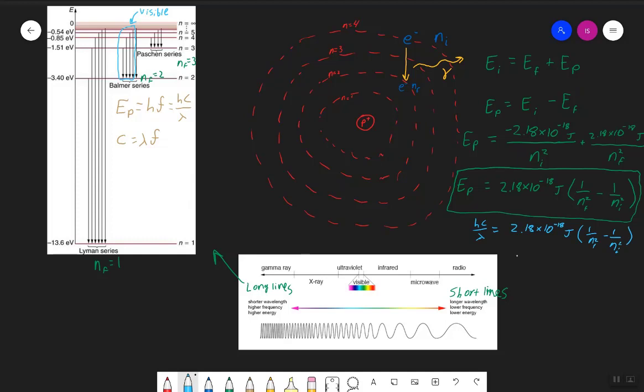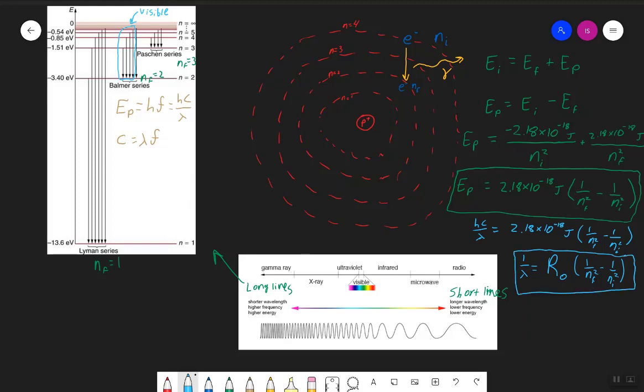And then we can find 1 over lambda equals 2.18 times 10 to the negative 18th joules over hc. But I'm going to call that another constant, called r0. So 1 over lambda is r0 times 1 over n final squared minus 1 over n initial squared. These are both squared. And this is the Rydberg formula.